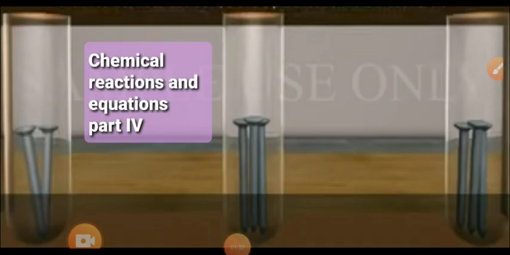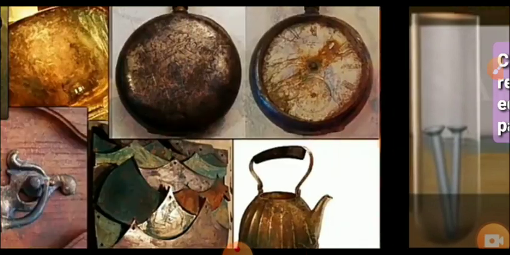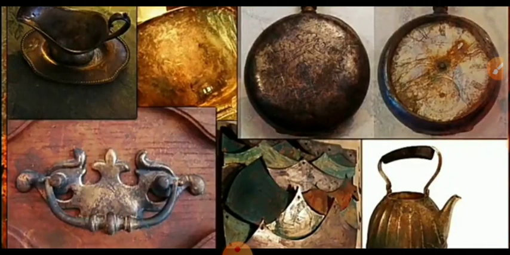So, children, here in this diagram you can see how the test tubes are kept. In that, an iron nail is put. This activity I'll explain while explaining the contents. Now you can see the corrosion in different vessels, that also we'll study in this chapter.